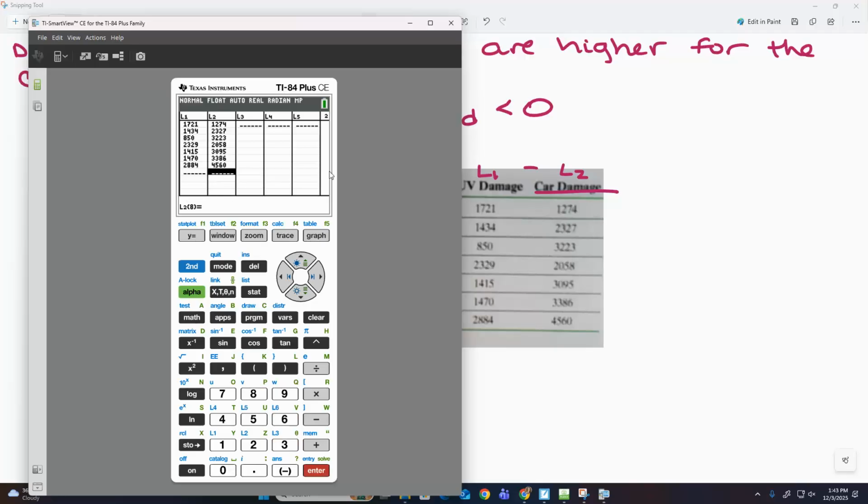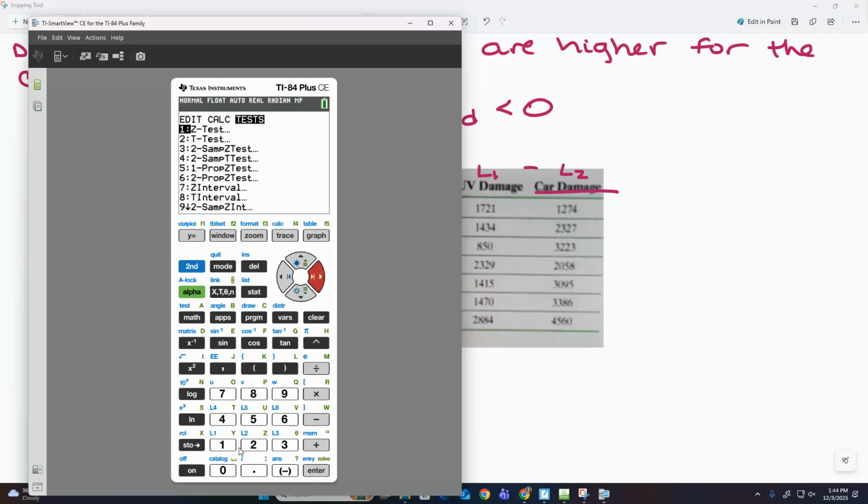Make sure you clear out all 3 lists that you have. Once you have that entered, what do you do for L3? L1 minus L2. Okay, then we go to stat, tests, number 2. It's based off data.